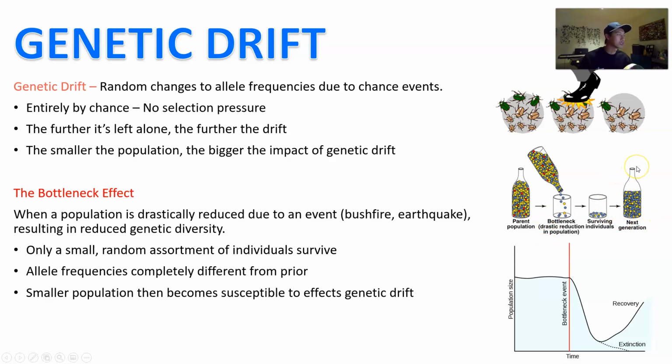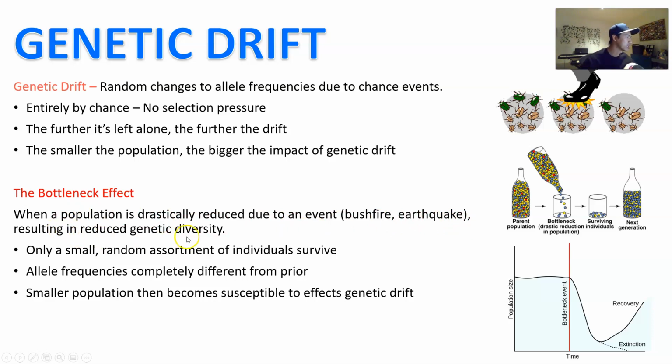And then we can see, as a result of the bottleneck effect, by chance, these traits are not entirely representative of what was really going on in the parent population prior to this event. This event could be things like a bushfire that kills most of a particular trait by chance, or an earthquake, or a landslide, or a tsunami in the water, or something like that.